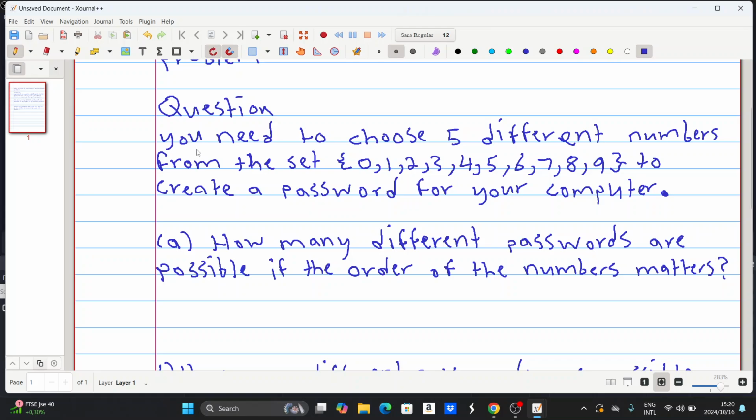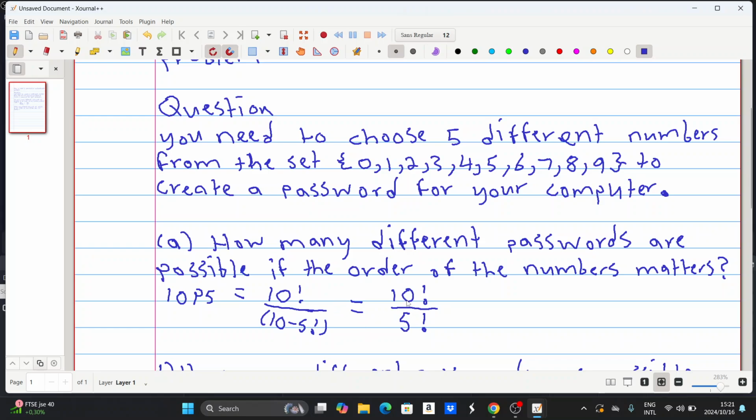So it's 10 numbers, which means it's going to be 10 permutation 5. 10P5 equals 10 factorial over 10 minus 5 factorial, which then equals 10 factorial over 5 factorial. This is how you solve it. So that one was a permutation problem.